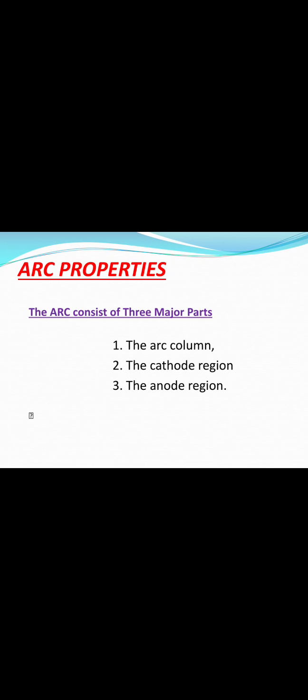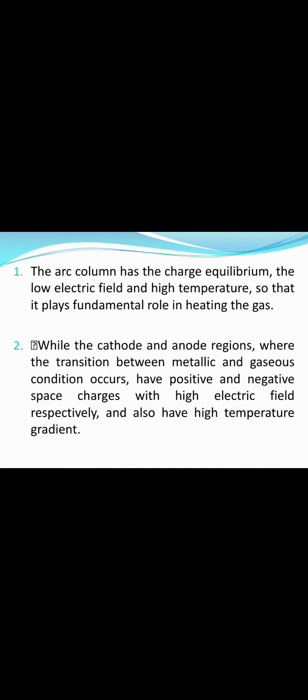And next one, the arc properties. The arc consists of three major parts. The first one, arc column. The second one, cathode region. And the third one is the anode region. So what is the arc column? The arc column has charge equilibrium, a low electric field and high temperature, so it plays a vital role in heating the gas.